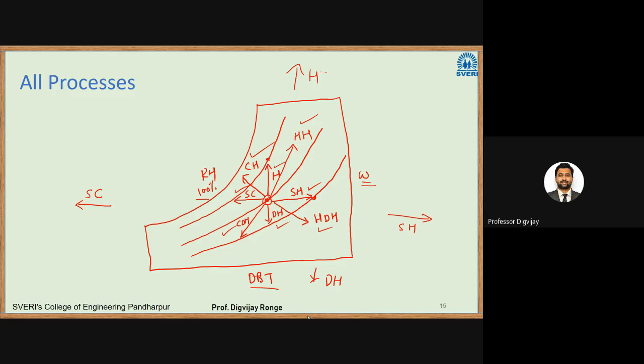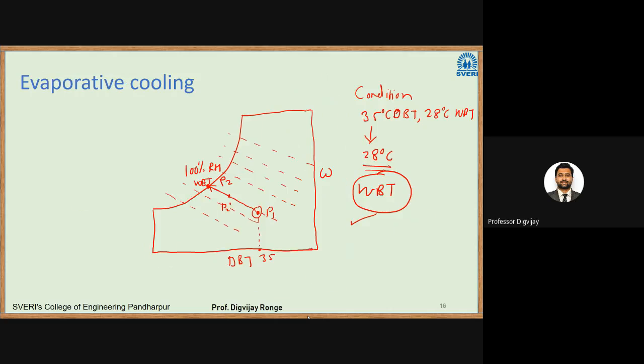This is for your reference only, and it depends on the numerical you are facing, what condition is involved. The special case I showed you was evaporative cooling. This is what happens in air coolers. The minimum temperature you can get from evaporative cooling is its wet bulb temperature.